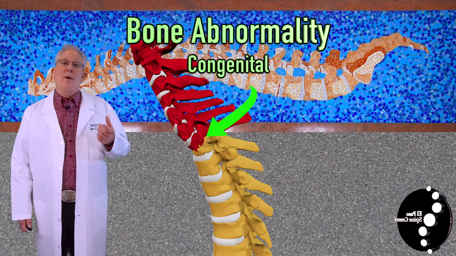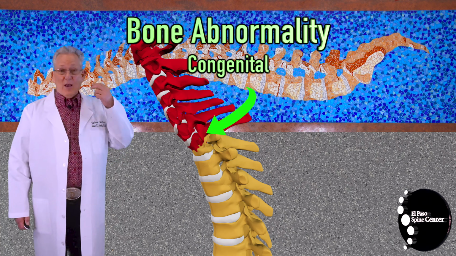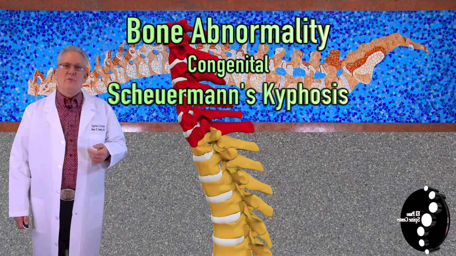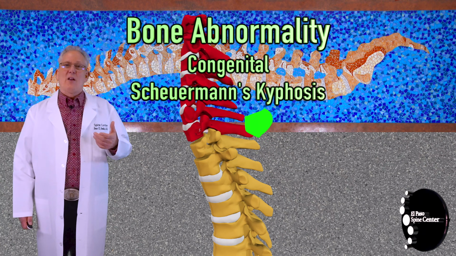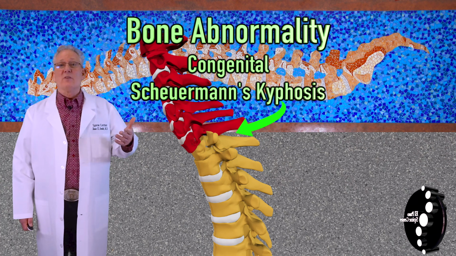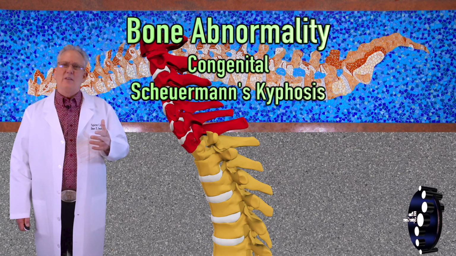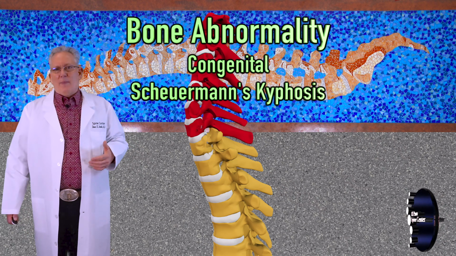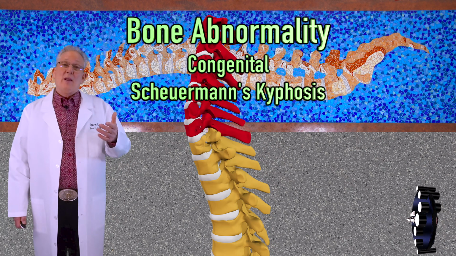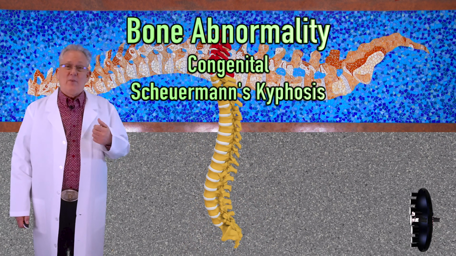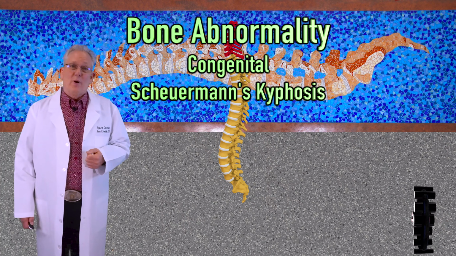Abnormal bones can come from a congenital abnormality. The individual may have been born with a prominence in that area. Scheuermann's kyphosis is an autosomal dominant condition that runs in families, producing kyphosis. Typically it is around T7, which is between the shoulder blades, but it can produce a buffalo hump under certain situations.